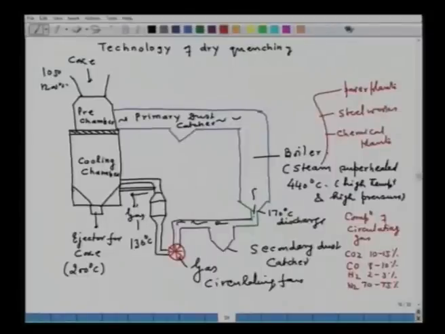So that is the composition of the circulating gas that is being used.